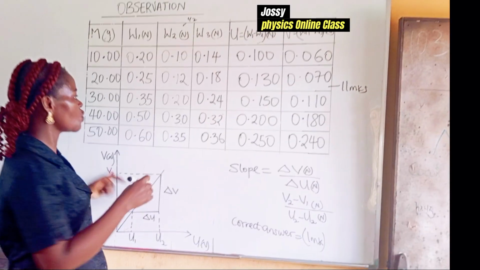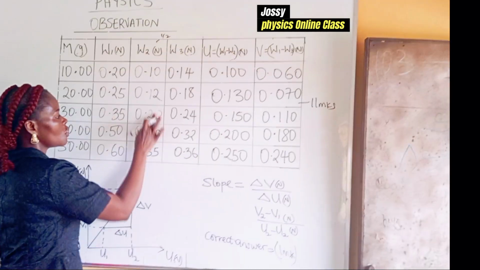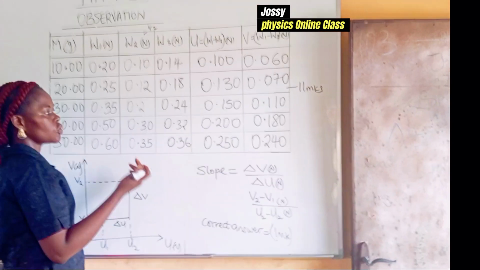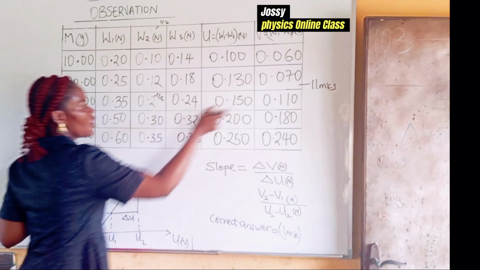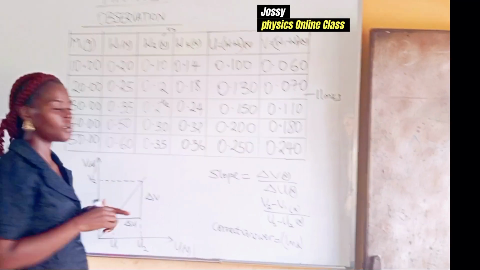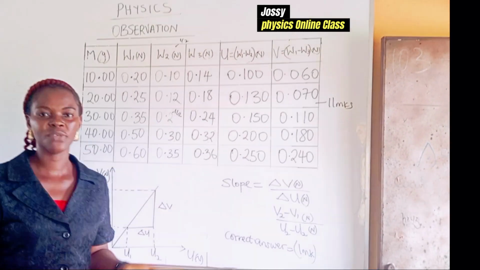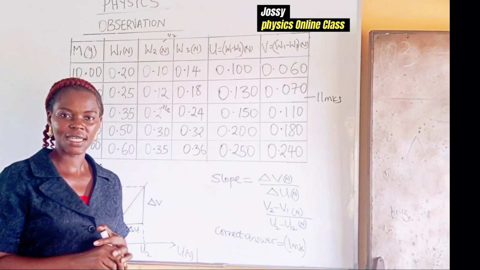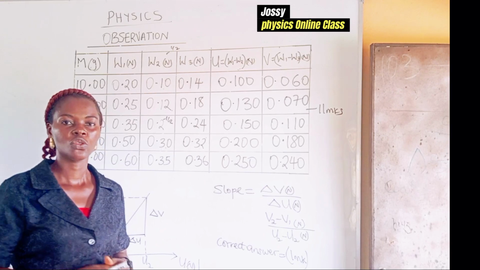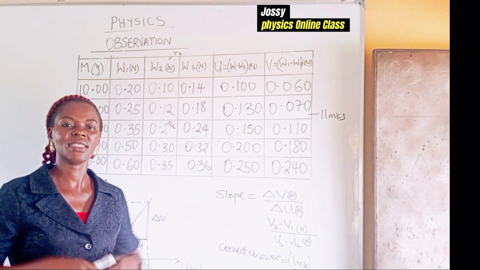Let's assume that instead of writing 0.20, you write 0.2. They are going to deduct half a mark from the mark you already have. By the time they keep deducting, at the end of the day, the child will fail the exam.